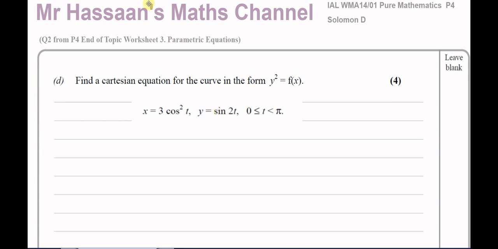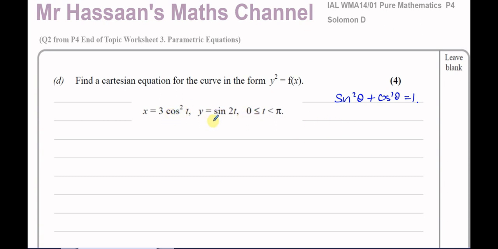Whenever you have an equation which involves parametrics and trig functions, and you want to find a Cartesian equation, it's always going to have something to do with the identities that we know. The main identity is sine squared of an angle plus cosine squared of the same angle is equal to 1.